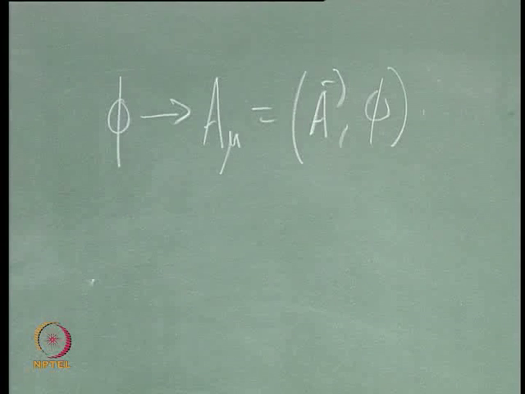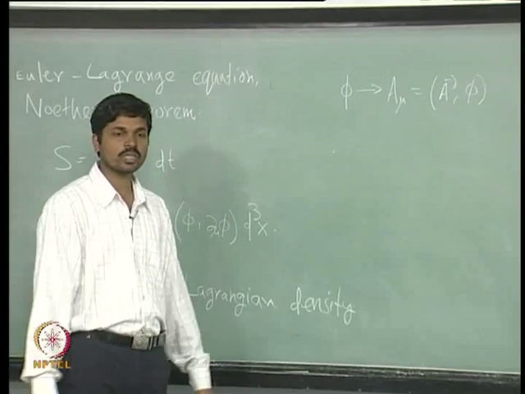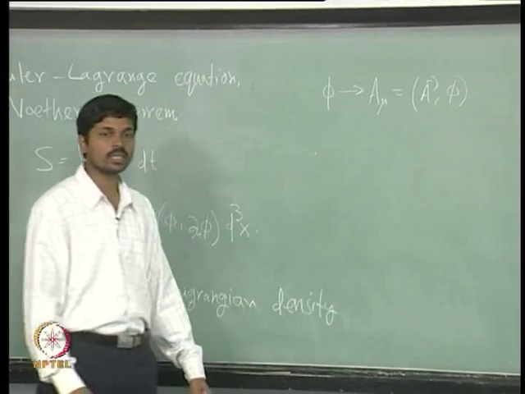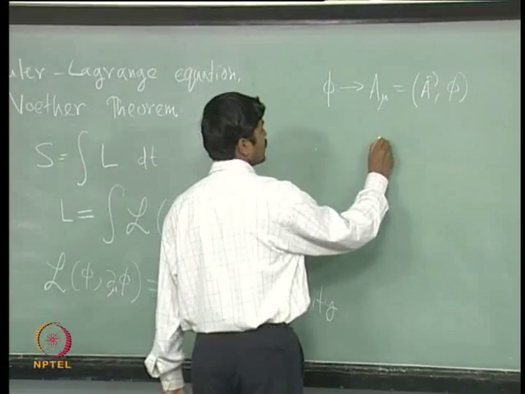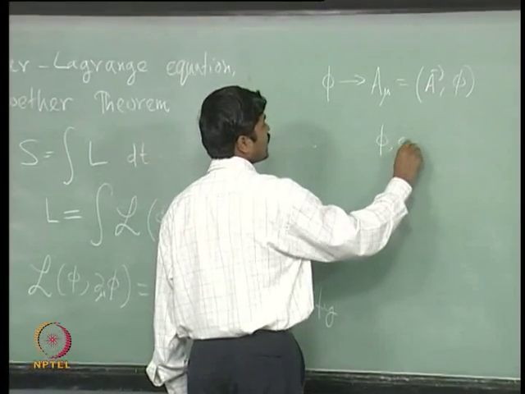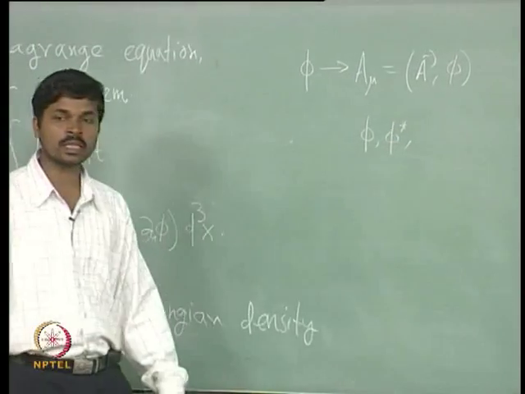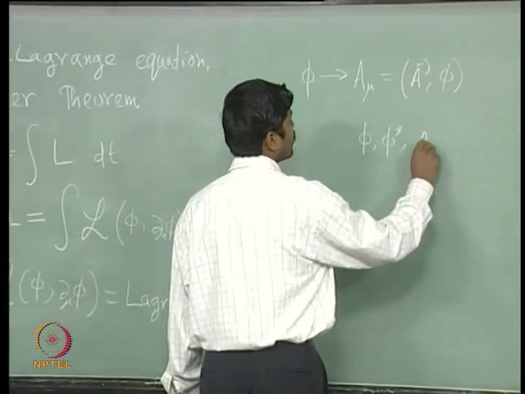If you consider, let us say, an electromagnetic field interacting with a pion or some other complex scalar field, then the field in question is a complex scalar field phi, its complex conjugate phi star, and the electromagnetic field A mu.